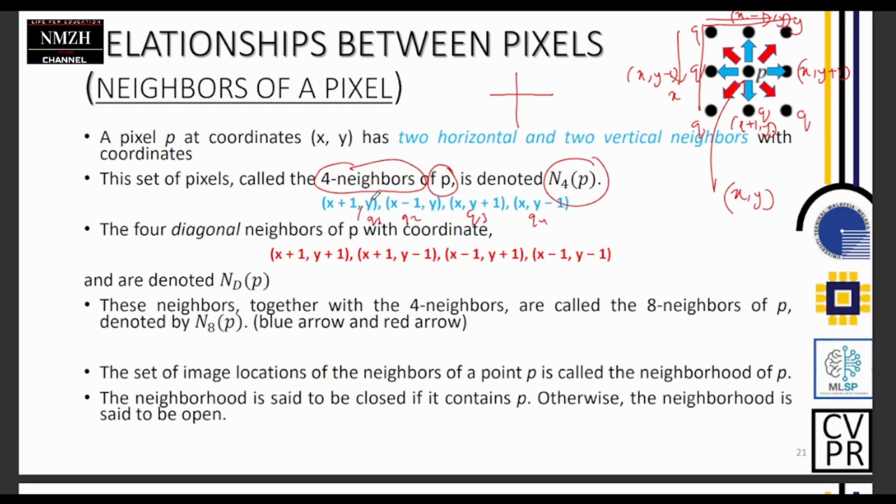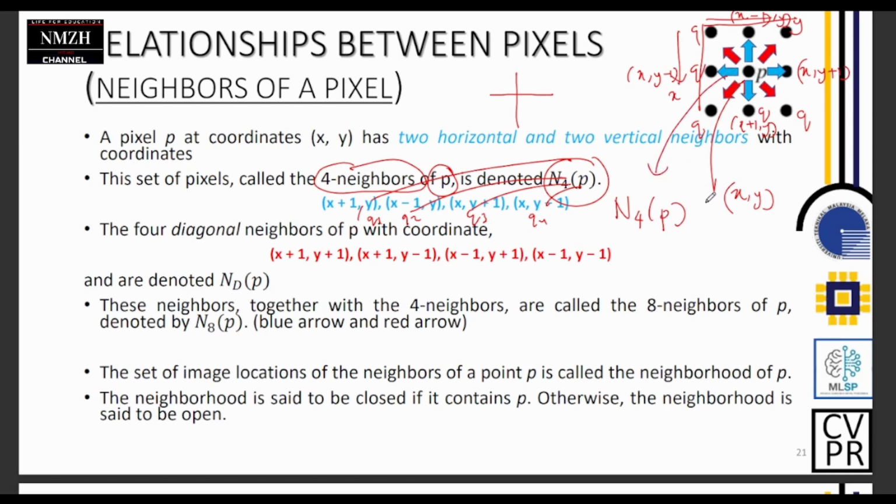So that would be the 4 neighbors, which we call N4(P), reflected by the blue arrows.